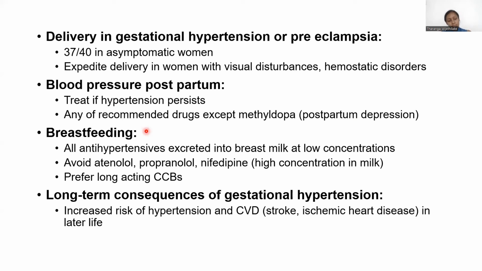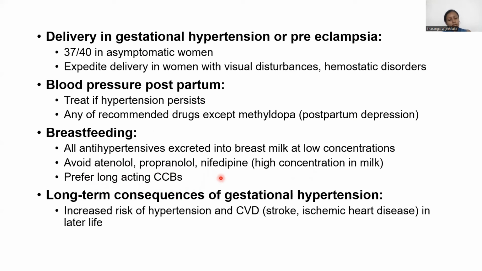What you must understand is all antihypertensives are excreted into breast milk, but at lower concentrations. You see higher concentrations of antihypertensives such as atenolol, propranolol, and nifedipine. So generally, we don't give those. We generally go for a long-acting calcium channel blocker.